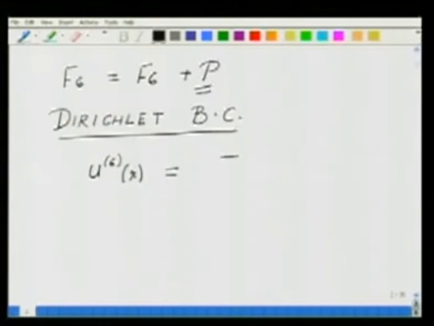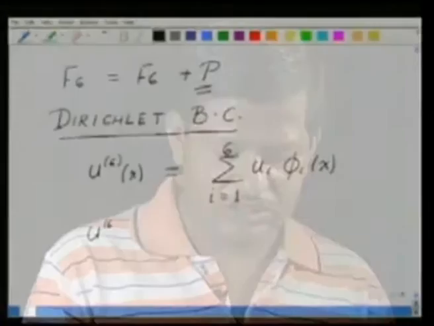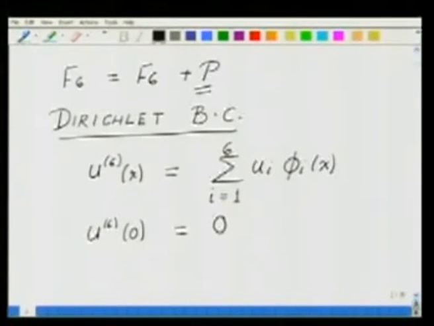This is equal to the sum of i equal to 1 to 6 of ui phi i(x), and we know that u6 at 0 for this problem has to be equal to 0. Now, at x equal to 0, which is the node x1, only phi 1 is equal to 1, all other phi's are 0.